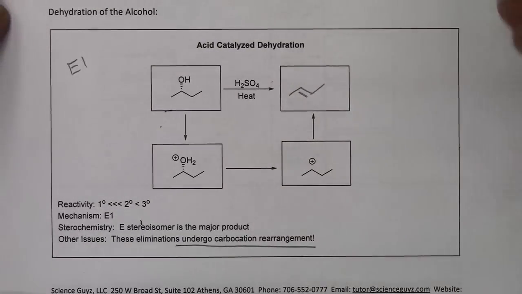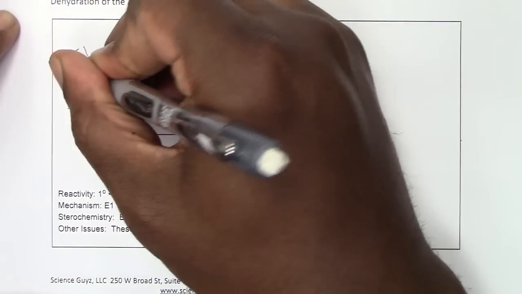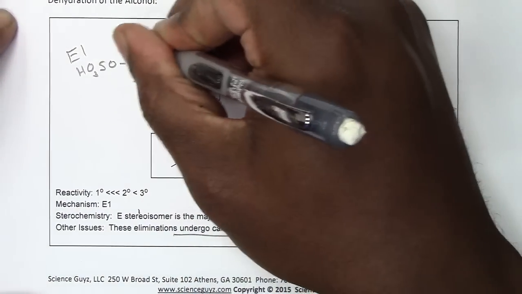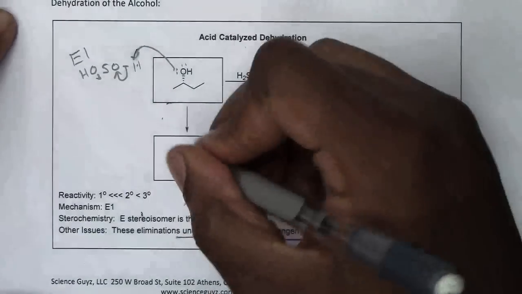in these E1 reactions. So the mechanism works like this. You have a strong acid which donates a proton to your alcohol, and in effect turns your alcohol into water, which is a decent leaving group.